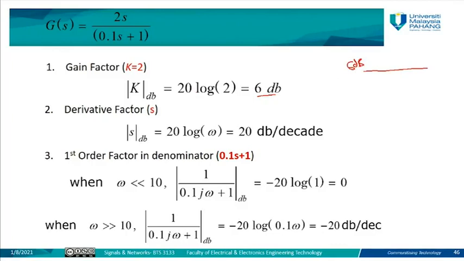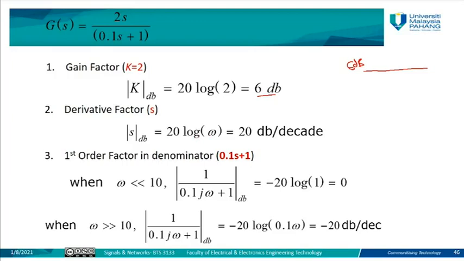Okay. Then we go to the second element, which is the derivative factor S. The derivative factor S, which represents the zero at the origin, has the magnitude 20 log omega.